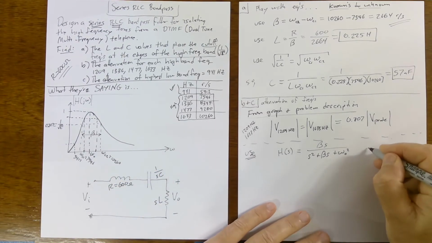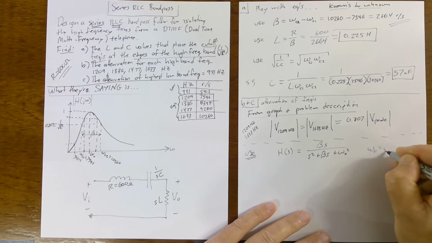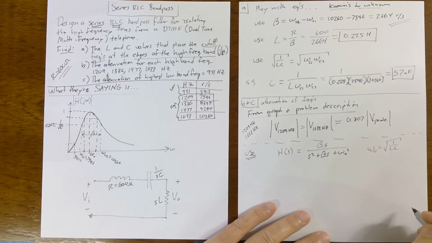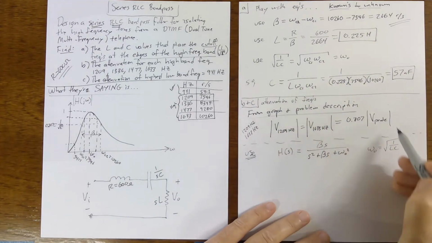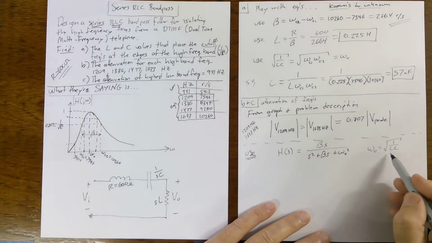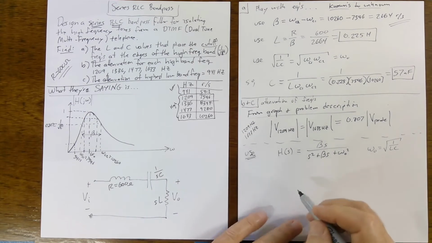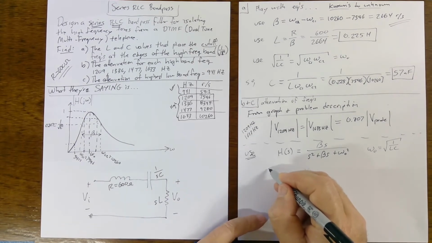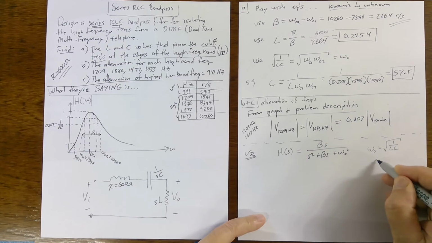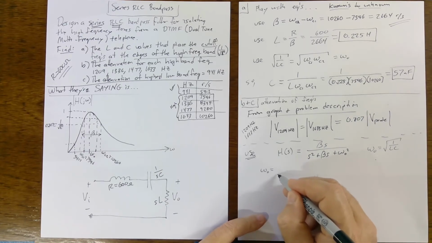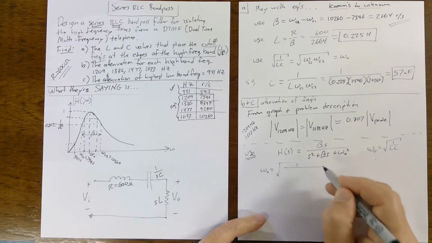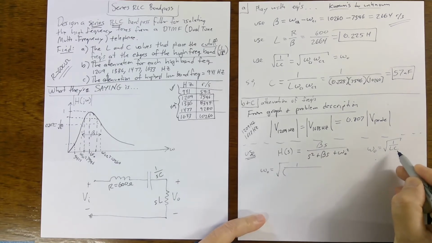So omega 0 we can solve for now. So this is going to be 1 over root. We've got this formula, which was this here. We just didn't use that part, but now we need this part. So omega 0 is the square root of 1 over LC.